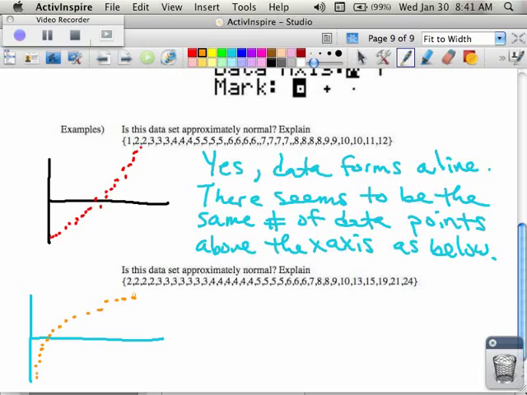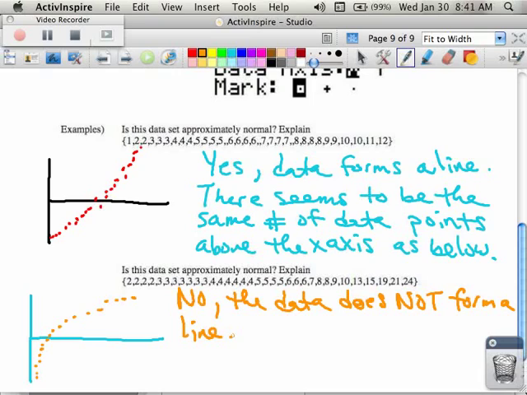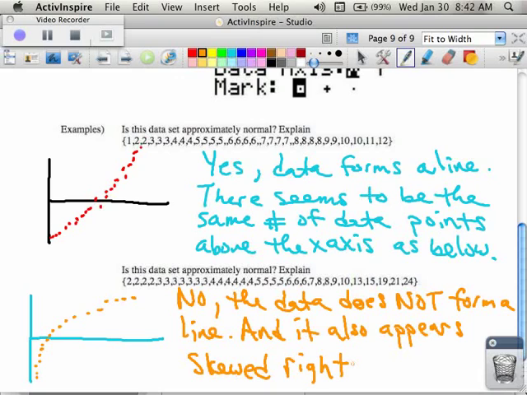And I would say, no, the data does not form a line, and it also appears skewed. What do you think? Skewed? Right. It has a long tail to the right, so it looks like it'll be skewed to the right.